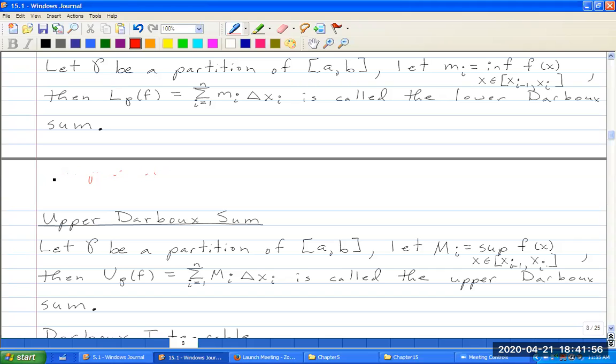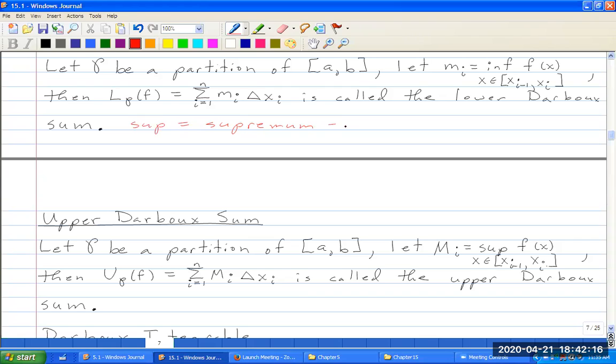I'll write it over here since I have some room. The sup is the supremum. I think that's how you spell it.